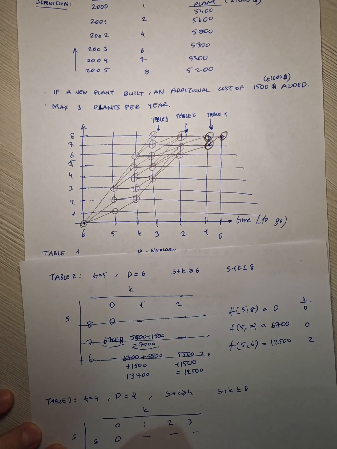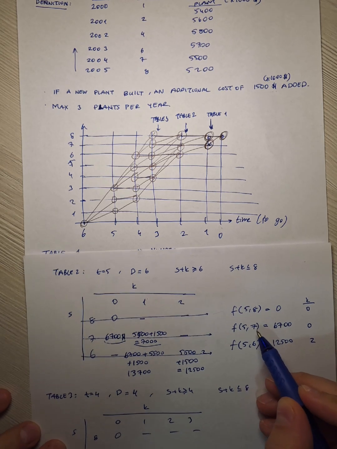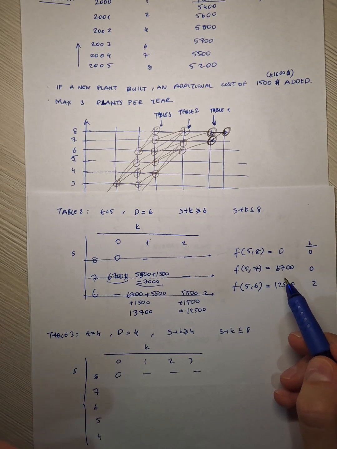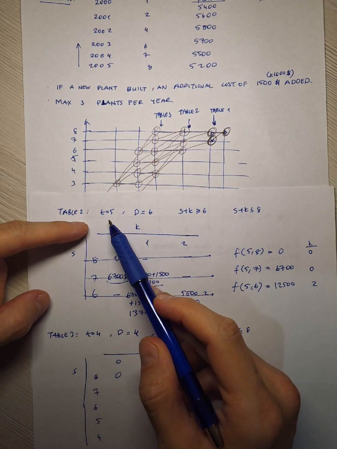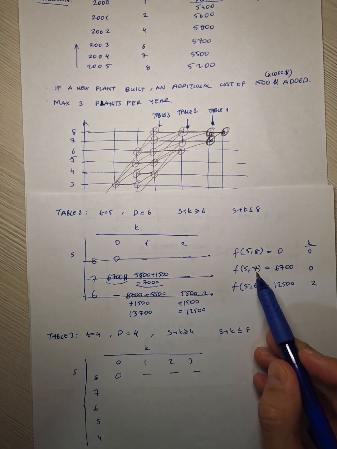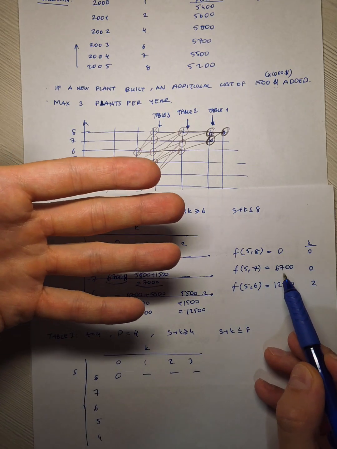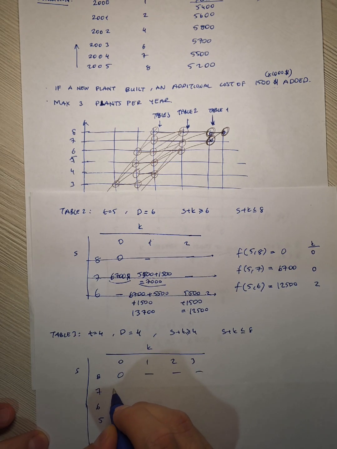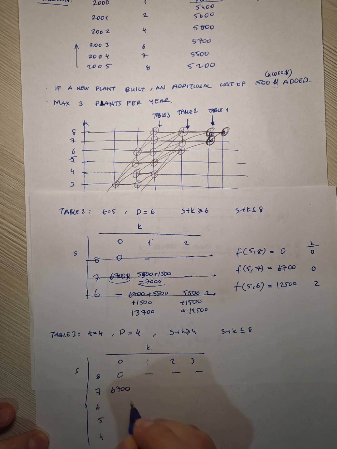So here, if we end up with 7, we will need the previous table, so the next time step. If we end up with 7, we will need this much money to complete the investment in this plant. Okay, so it is 6,700.